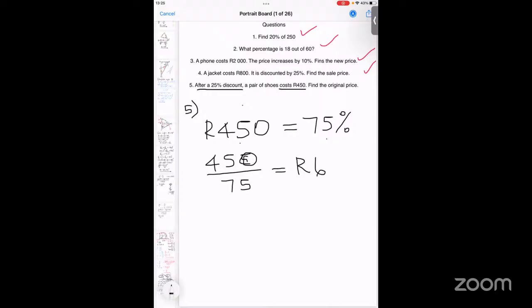Then for you to get 100%, you just multiply by 100. So you take that 6, then you multiply it by 100. The answer that you get, which will definitely be 600, is the original price.